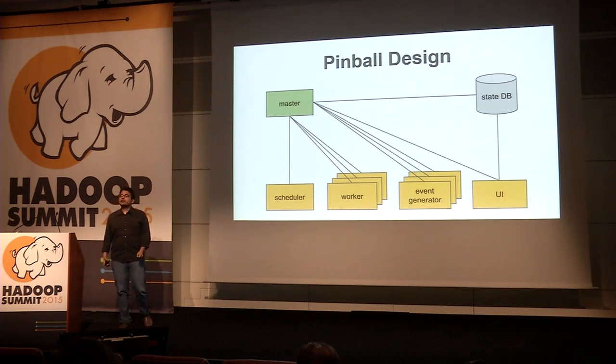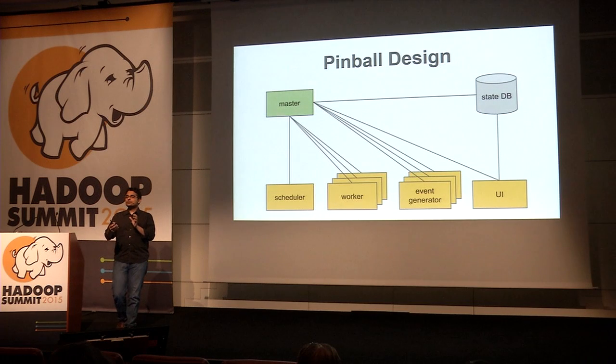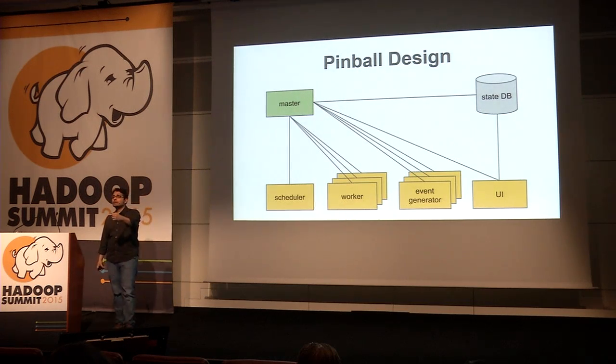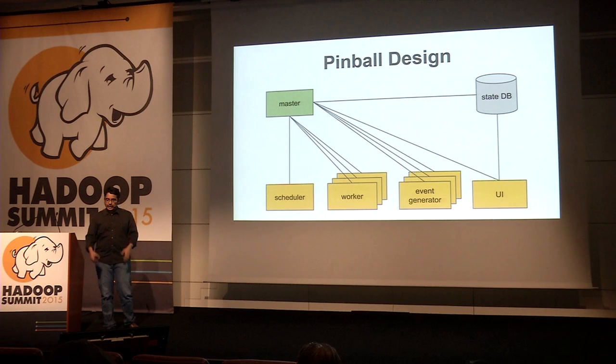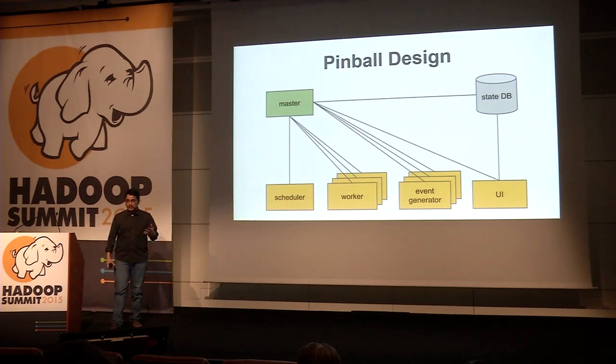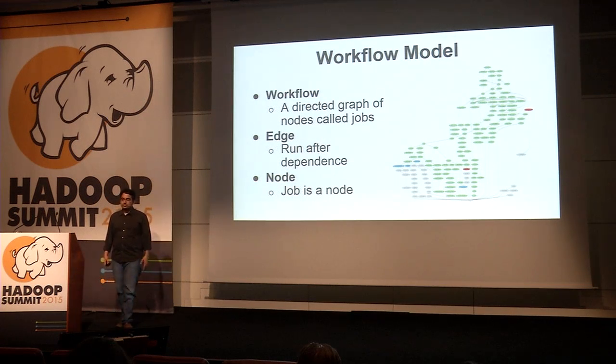And then there is an event generation module, which basically, every time a job completes or fails, generates events for the downstream jobs, for whether to make them runnable or keep them waiting. And then we have a UI that allows the developers to actually see the state of the current workflows and how they're doing.